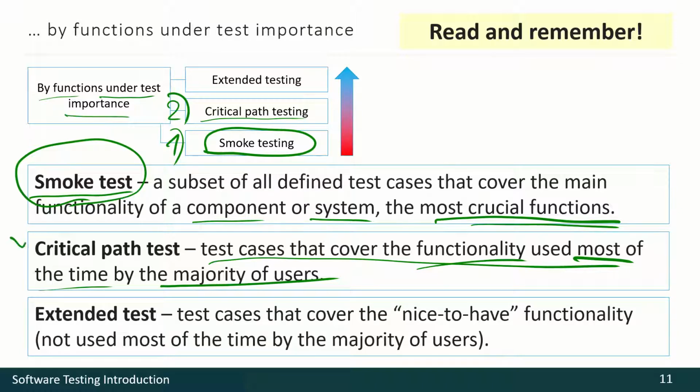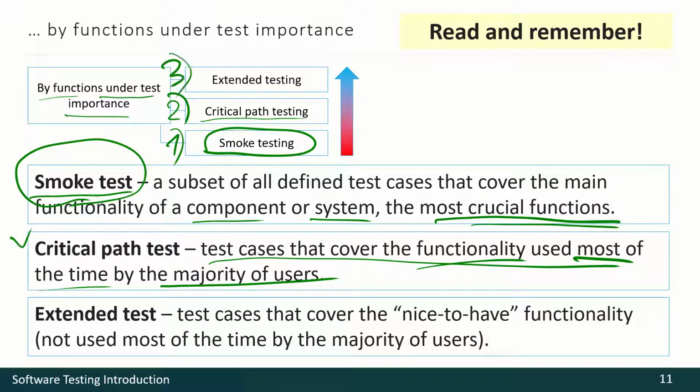A lot of users use this in their everyday life. Of course, if in some phone there are defects with the phone book, it is possible to use this phone. It is possible to make calls or answer calls or browse the internet, but it is not good, and a lot of users will see that defect and they will be angry.